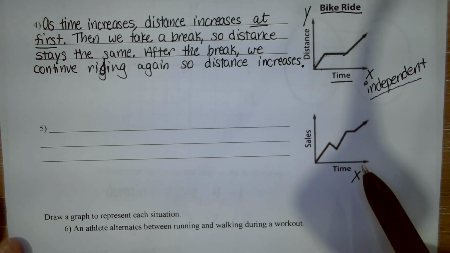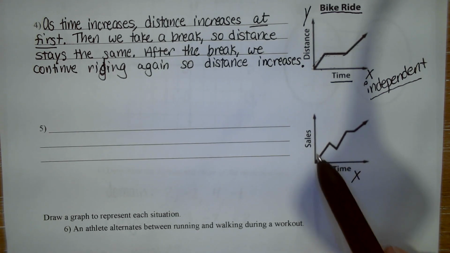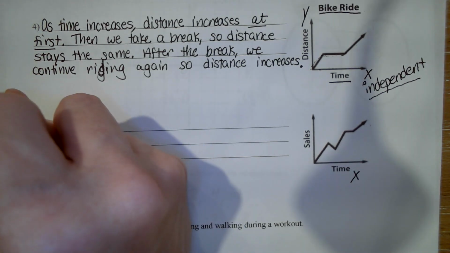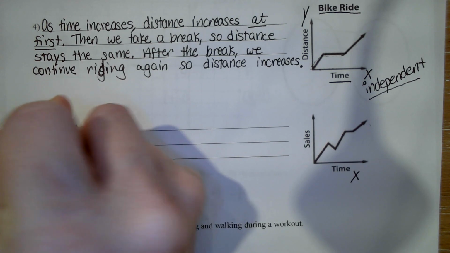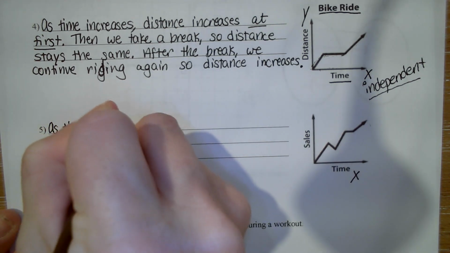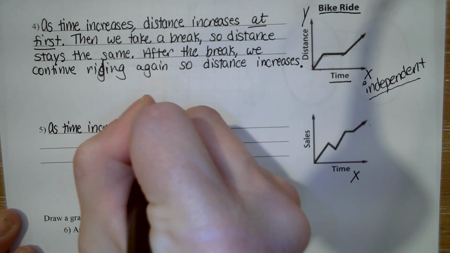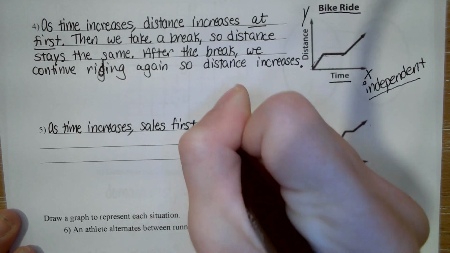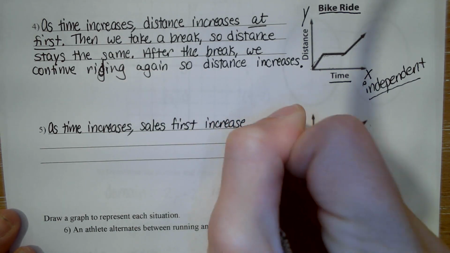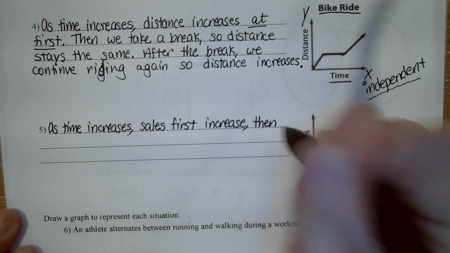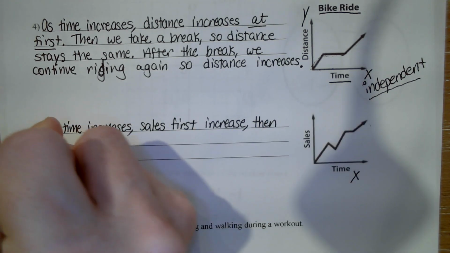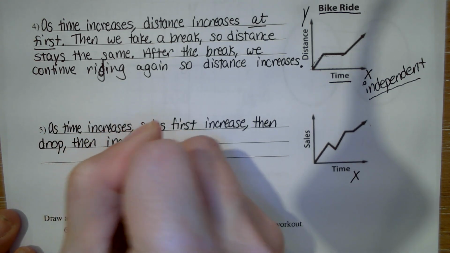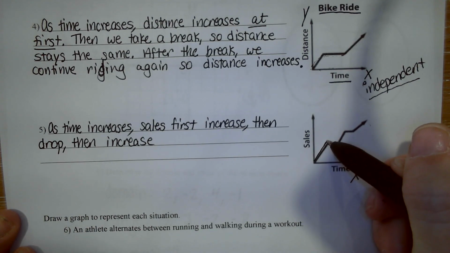When you're describing your graphs, be as specific as possible to everything you see in the graph. So we're going to say, as time increases, sales first climb or increase, then they fall, then they increase again. So here they increase, then they fall.